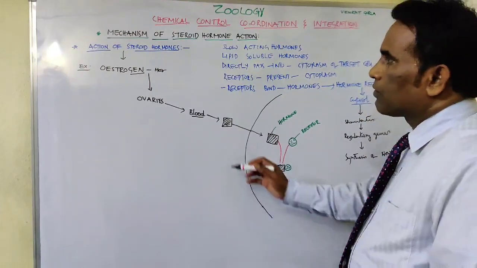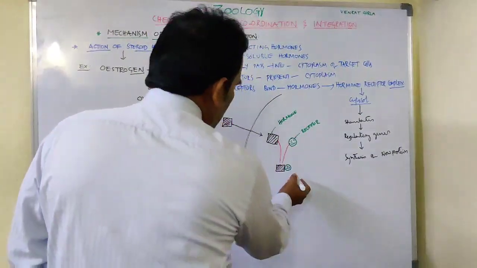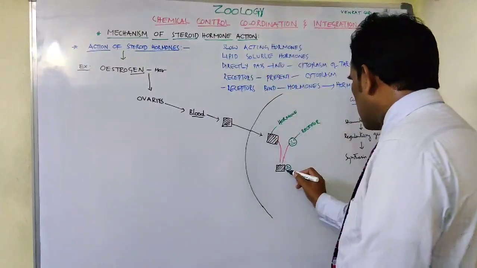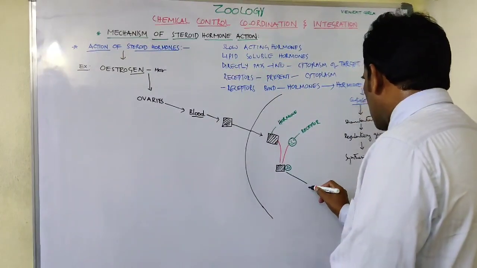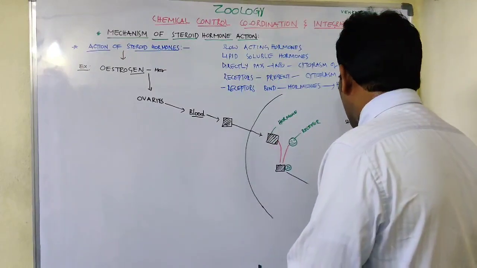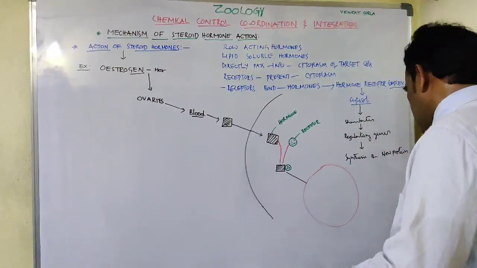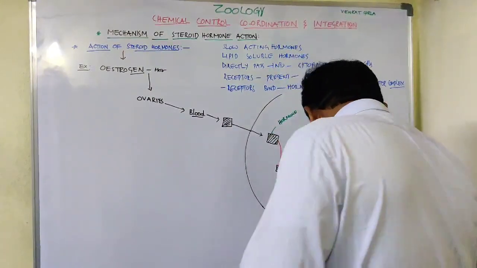Alright, now this hormone receptor complex enters the nucleus of the cell. This is the nucleus of the cell.